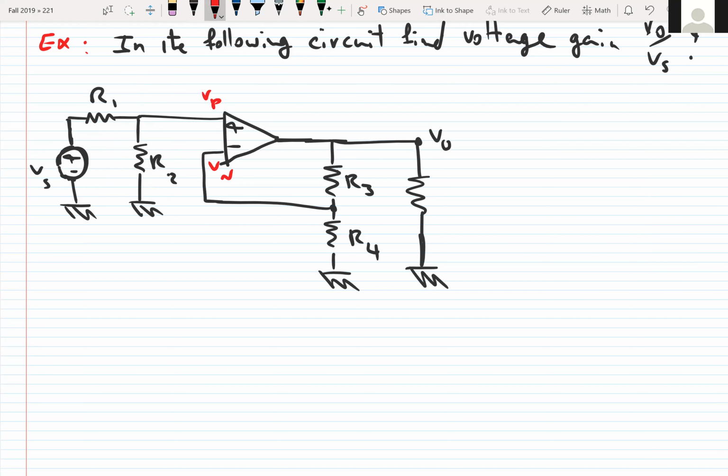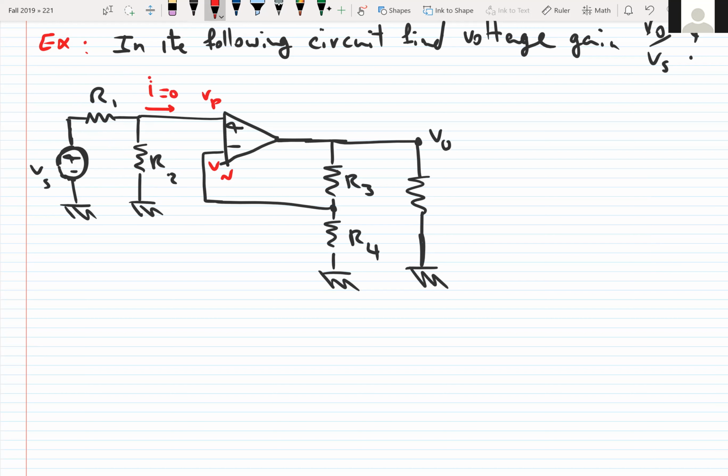Can we find the value of Vp or not? The first thing, which is very important, and I emphasize it again, is that the current here is equal to zero.